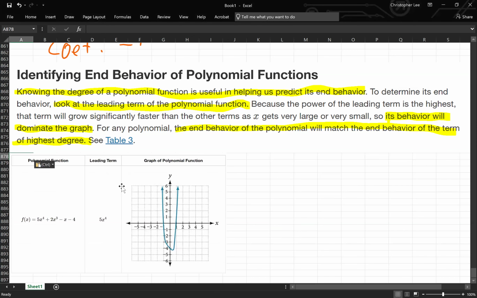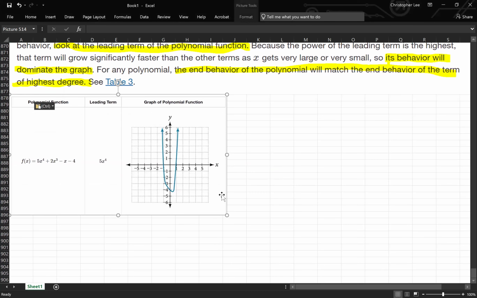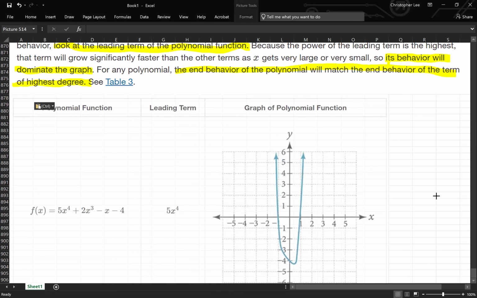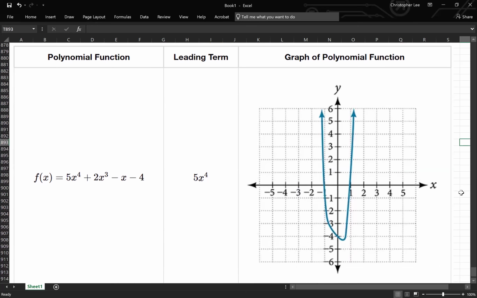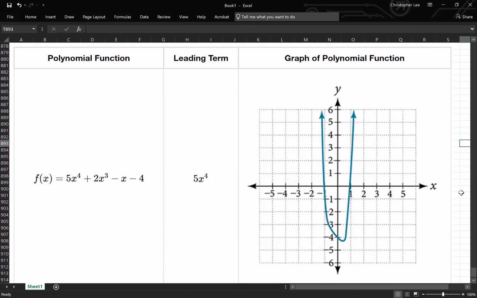I just want to show you a couple examples real quick. So here, a polynomial function, right? Got this huge thing, f of x equals 5x to the 4 plus 2x cubed minus x minus 4. The leading term is 5x to the 4th power, right? So what do we know?